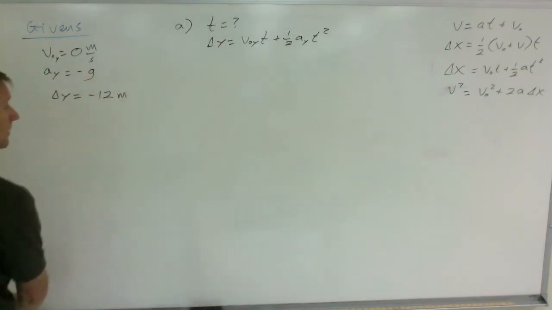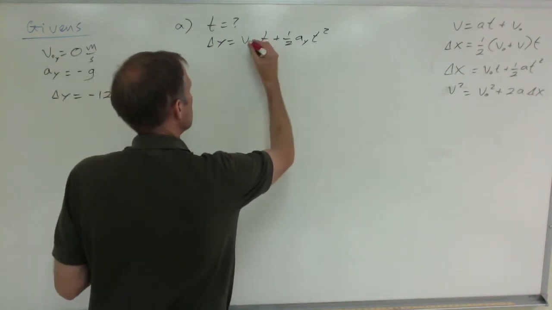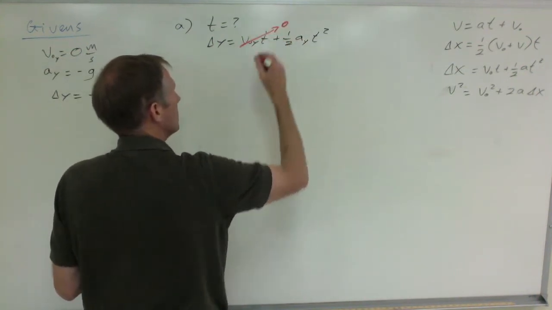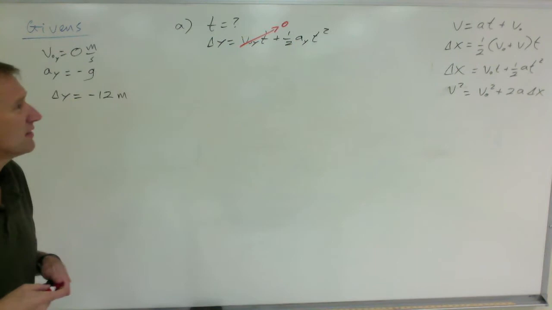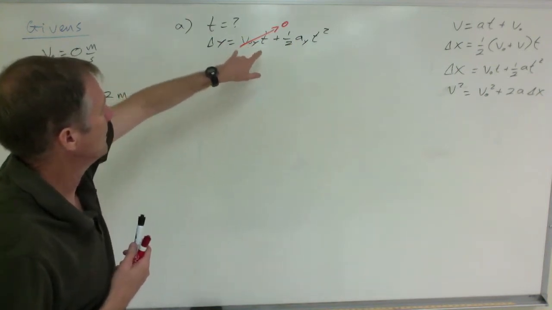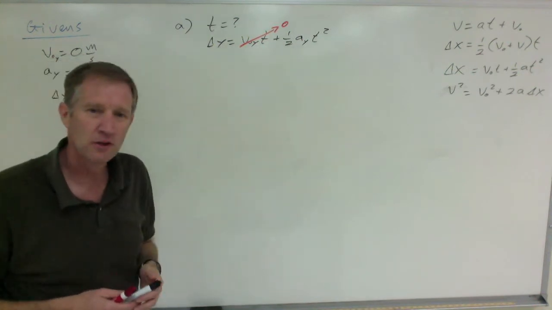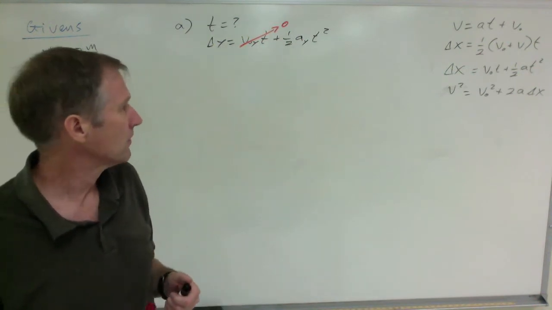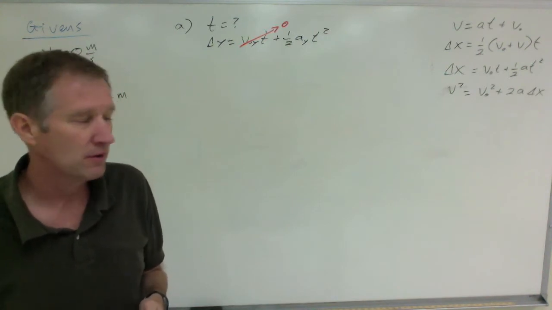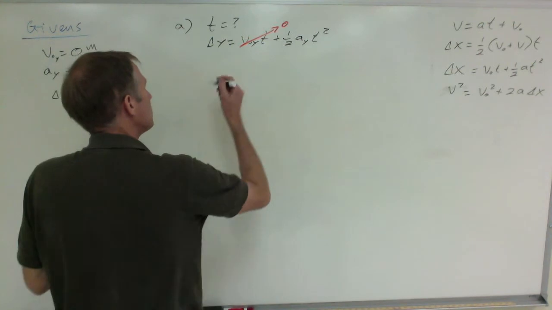Here's a situation where I want you to cross out this term before you start putting in numbers. It just is easy. You could solve it without it, but it's easier. To solve for t otherwise, you have t and t squared, you end up with a quadratic. And you'd have to use a quadratic formula to solve it. But we don't have to in this case because it simplifies.